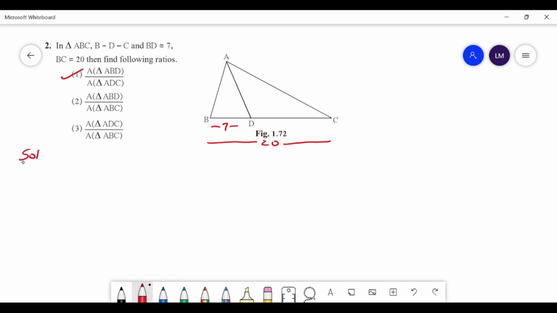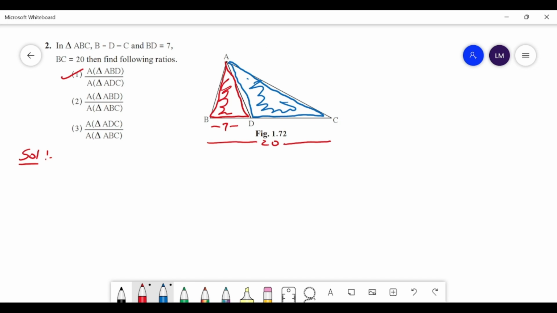Solution. So first we'll check which are the triangles. ABD is this triangle from the figure, and the next triangle is ADC. That means ADC, this triangle, right? So the first triangle is this part and the second triangle is this part, right?